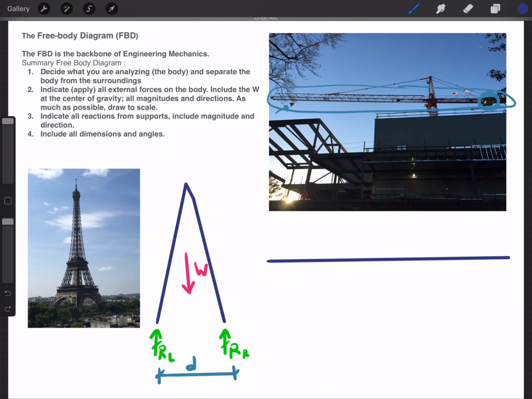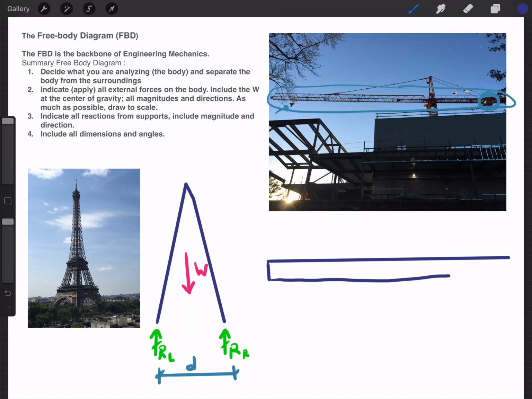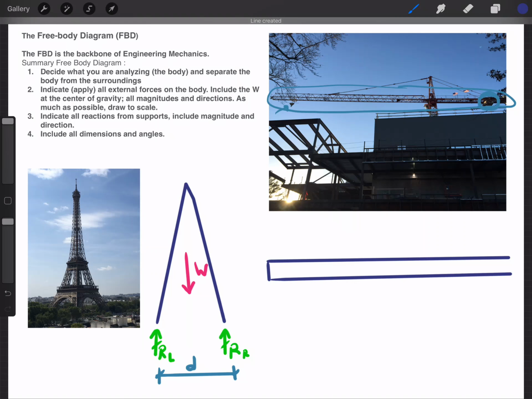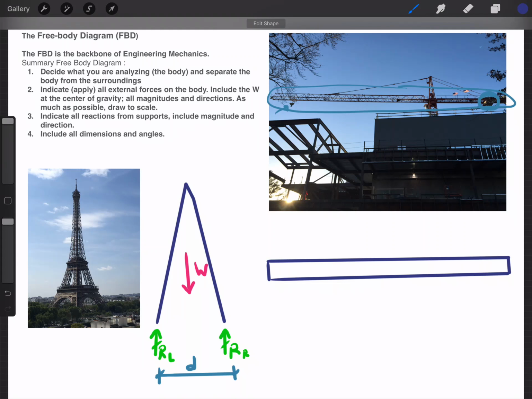There we go. So I'm giving the boom a little bit of thickness, a little bit of shape. So there's the basic shape of our boom. And we freed it from its surroundings, so step one, we've got that.